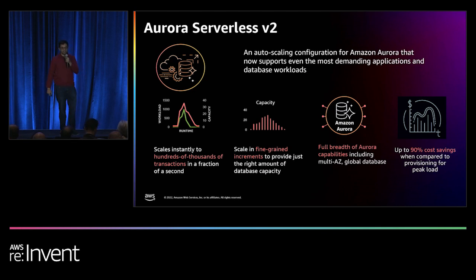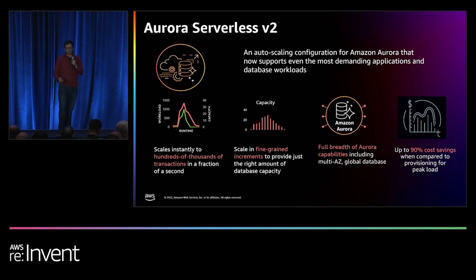Aurora Serverless V2 can do that with something called in-place scaling. For example, you're running a flash sale event, and you don't know how many users will be logging in or doing transactions. You can use Aurora Serverless V2, which supports both PostgreSQL and MySQL compatible editions, to scale instantly with hundreds and thousands of transactions.